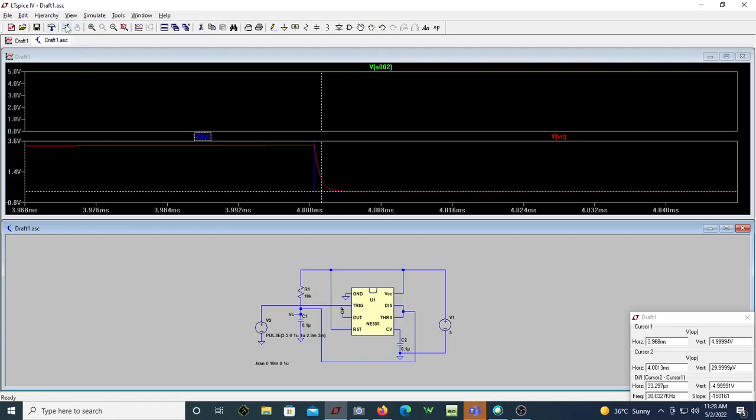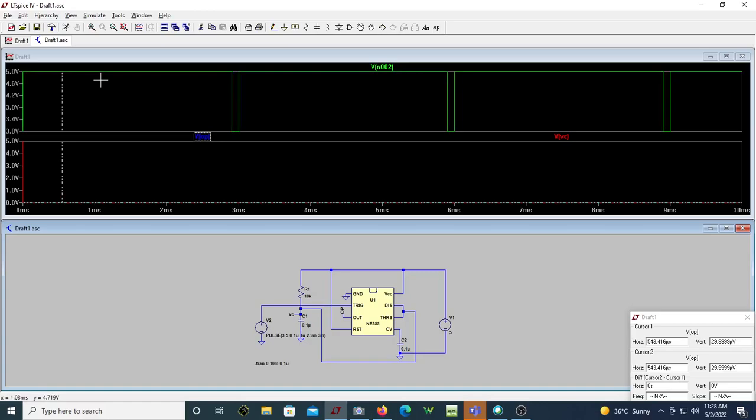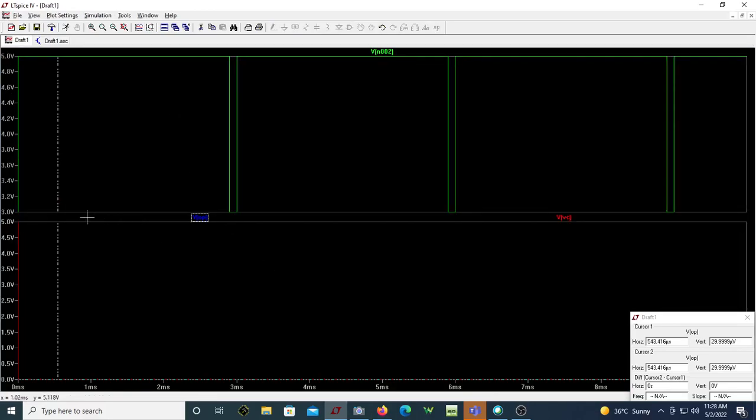Let me run it. Carefully observe this. The initial voltage is 3 and it goes to 5, so the trigger signal varies from 3 to 5. The output voltage is not making any transition; it is always in the stable state of 0.